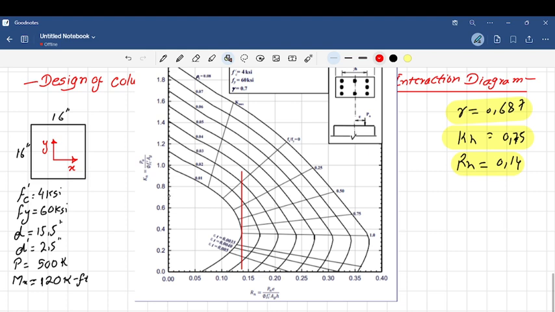We are going to draw a straight line, somewhat close to this point because it is 0.75. So the point where they meet is exactly the point for our steel percentage. It is likely to be something like 0.021.